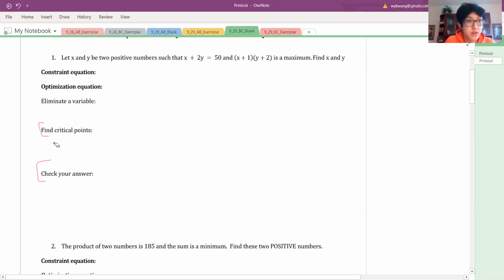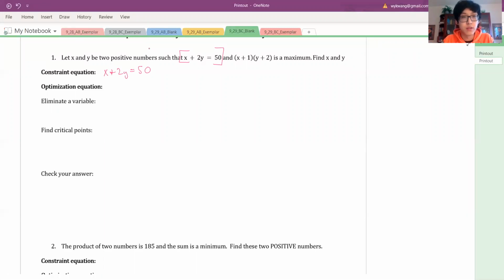So our constraint equation is basically the equation that constrains our problem. In this case, it's x plus 2y is equal to 50. And we can think of this as the constraint equation because it's restricting our possibilities, right? We're told that x plus 2y is equal to 50, and there's no other possibilities. X plus 2y must equal 50. And that's our constraining equation.